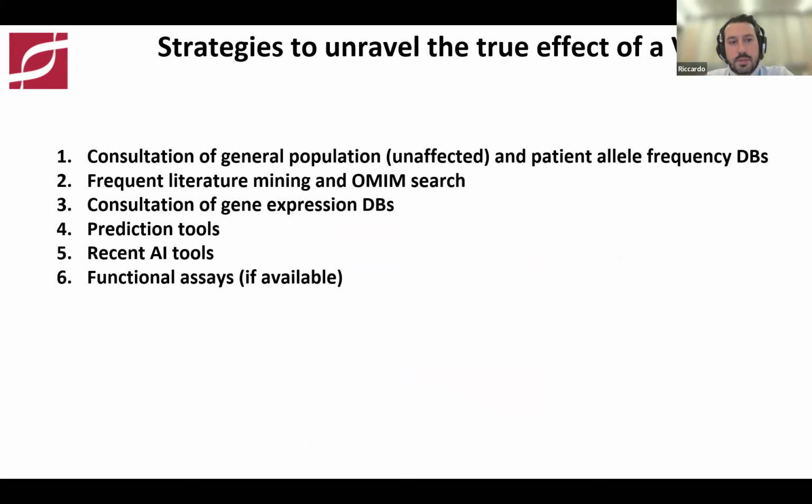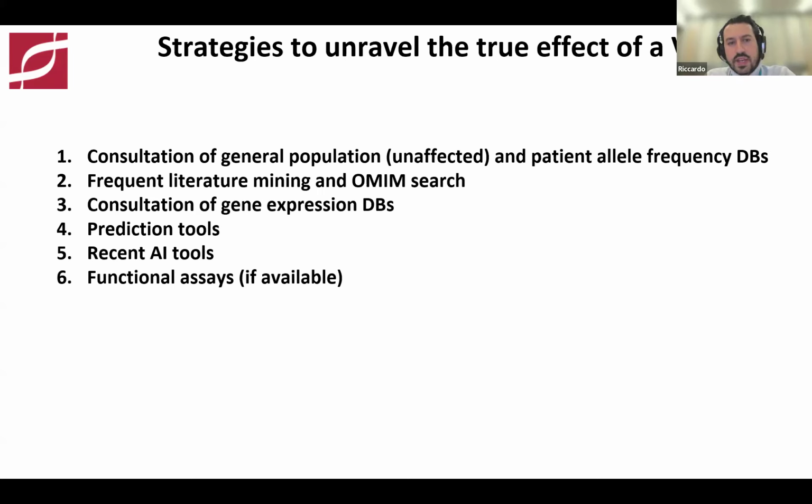So today, this is a brief outline of what my presentation is going to be about. I will discuss all the main strategies to unravel the true effect of the VUS, starting with the consultation of general population databases, so databases with just unaffected individuals, but also patient allele frequency databases, such as ClinVar.